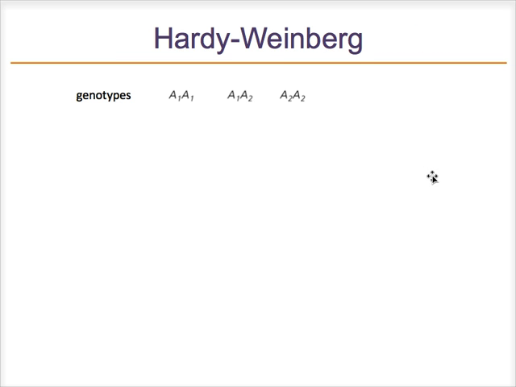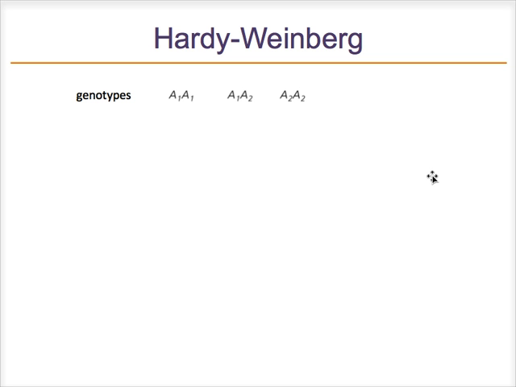Right, so here's Hardy-Weinberg, and we'll just walk through a quick example where we have these three genotypes. So we've got homozygous A1, homozygous A2, and the heterozygote A1, A2. And if I want to know something about the genotypes here, I might want to know about the frequencies of the genotype.